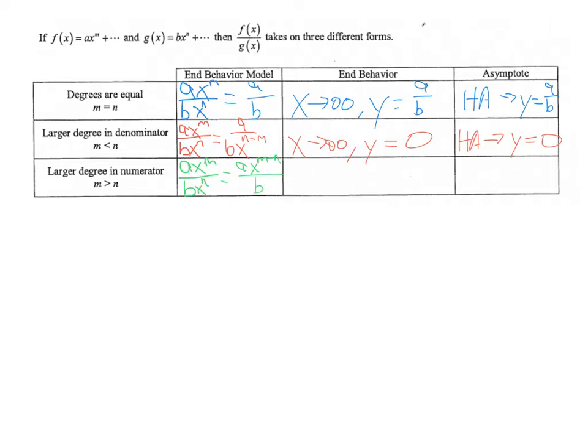And whenever we have x's left over in the numerator, we would say, well, as x gets close to infinity, y is going to approach some sort of infinity idea. We don't know if it's going to be positive or negative, because that depends on the coefficients. It depends on what a and b are doing. So in that case, whenever we have that, then we'd say there's no horizontal asymptote there.